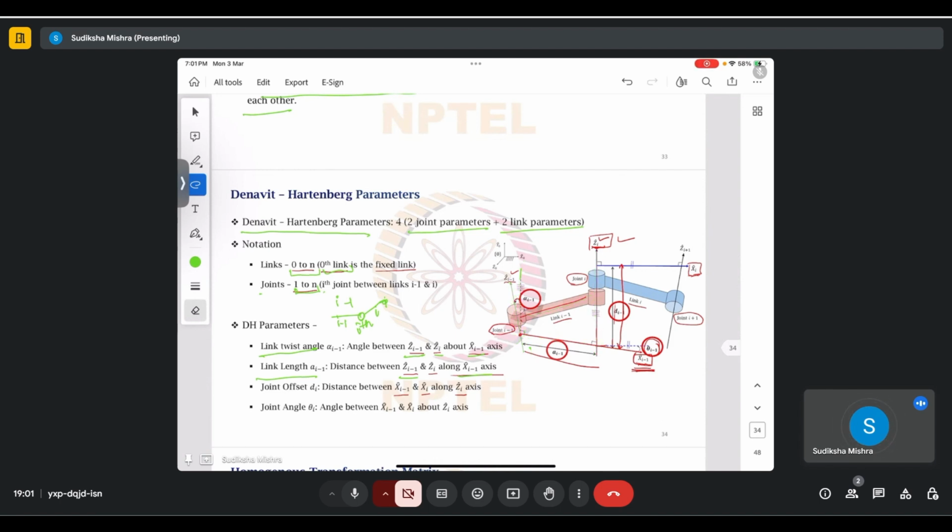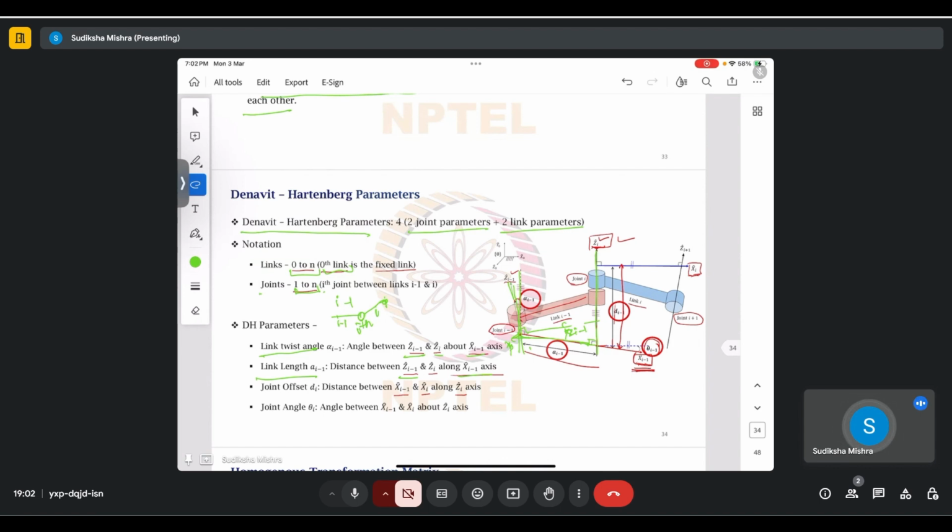Let me just clear up stuff. So if this is zi and this is zi, this at a right angle is xi, whereas this would be xi minus 1. But we are considering the link length as a i minus 1, which is the distance between zi minus 1 and zi.